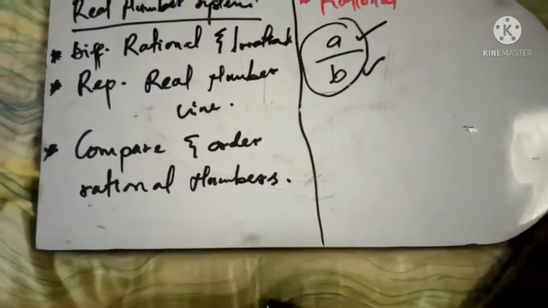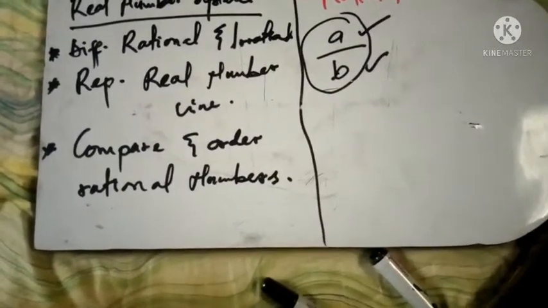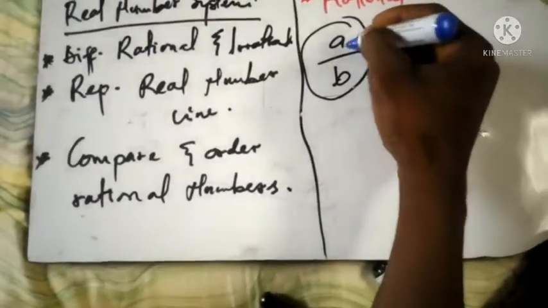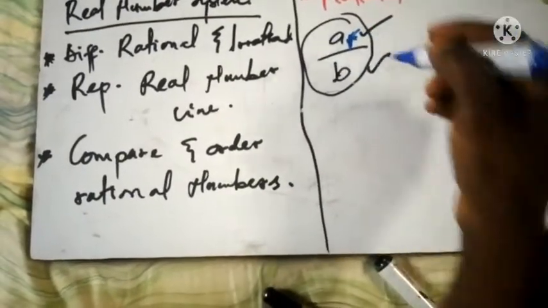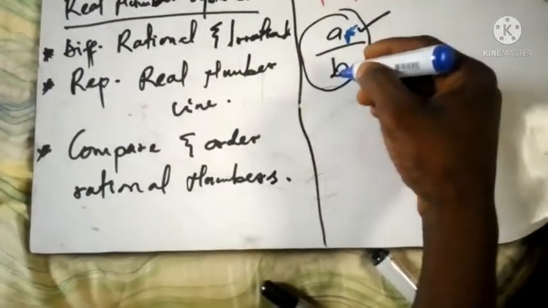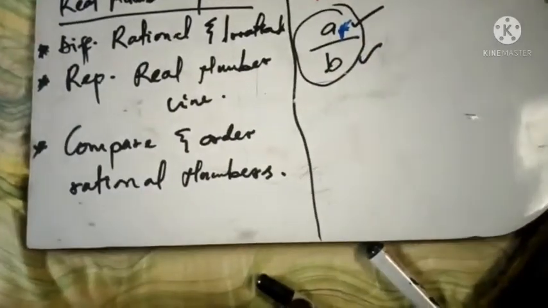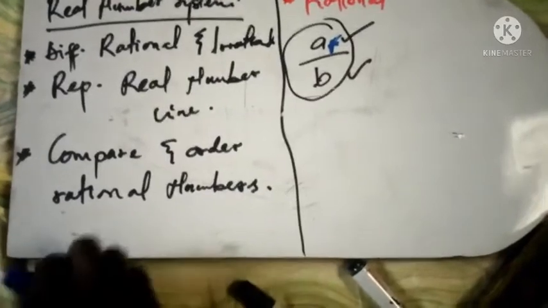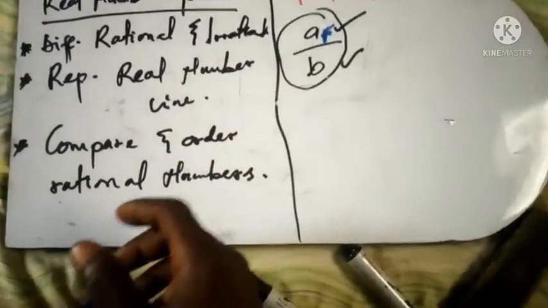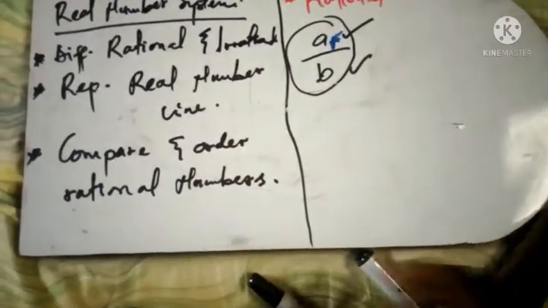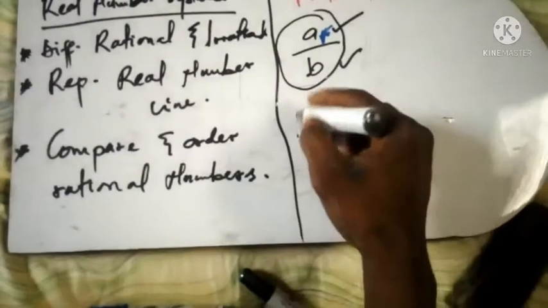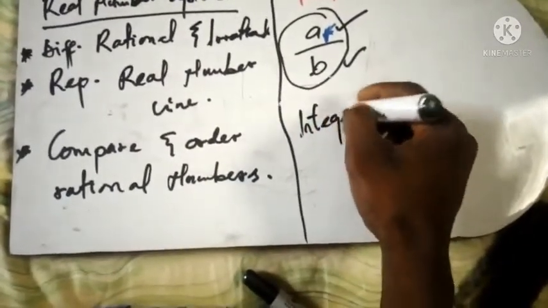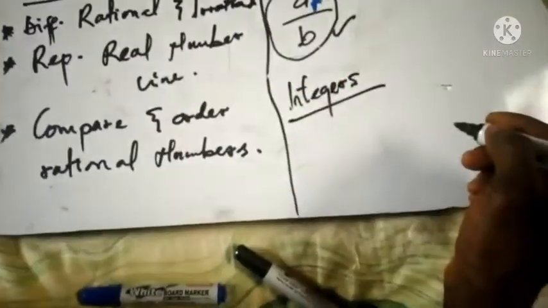So let's identify that. The top one should be an integer, and the bottom one should also be an integer. Don't worry, as I said earlier, when you hear the name of certain things, focus on the image behind that. So what is an integer? The word is integer, or integers, right?